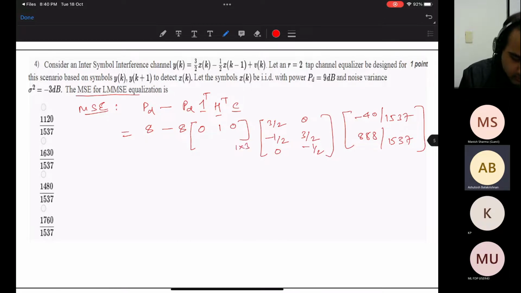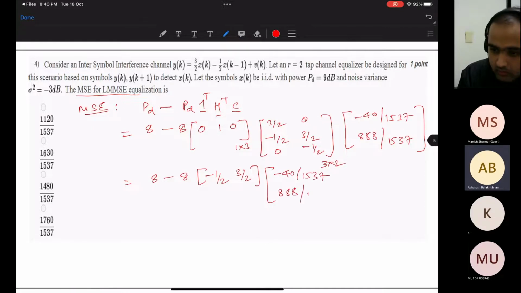Let's check. So 1 cross 3, and this is 3 cross 2. Okay, so if you see, this is 8 minus 8 minus half 3 by 2 times minus 40 over 1537, 888 over 1537, and this comes out to be 1480 upon 1537.